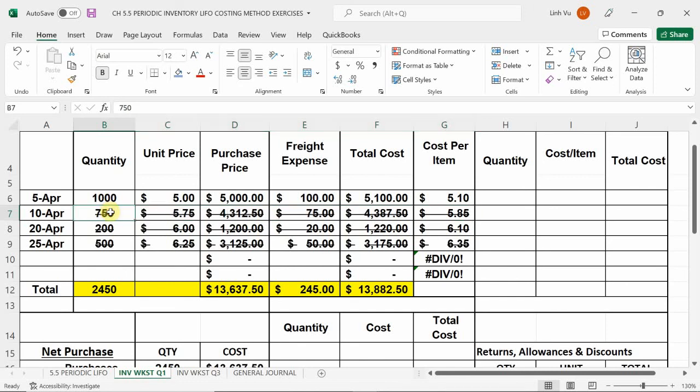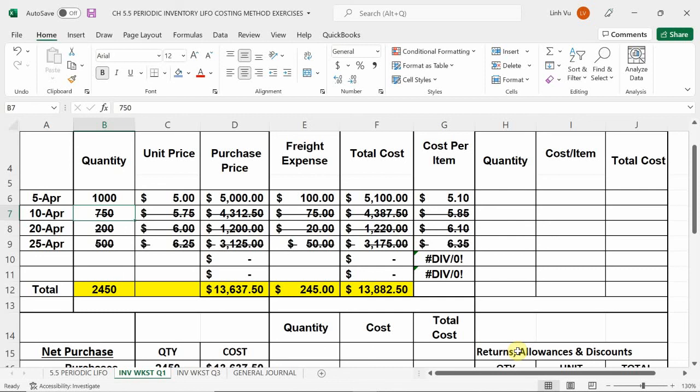So I need to figure out how much it's going to cost me per item to sell from this batch. What is my cost per item for this batch of inventory? $5.10. Good, right? $5 is what you purchased it for. We're not talking about the unit price. We're talking about including the freight charges in there for your customers to cover that as well.